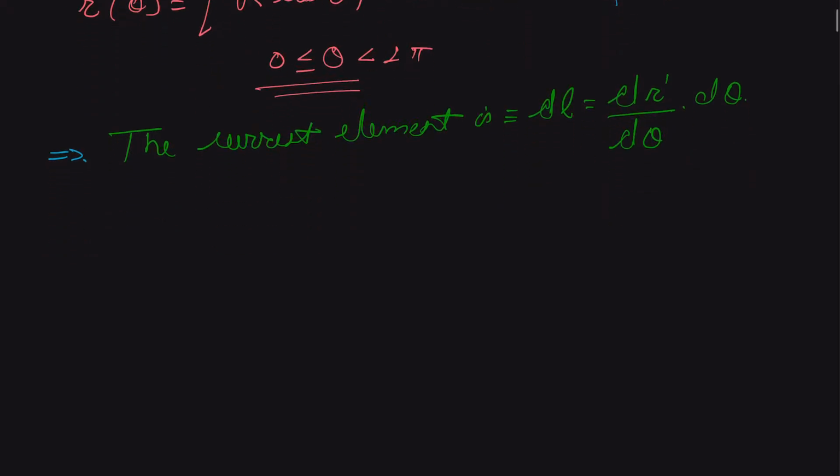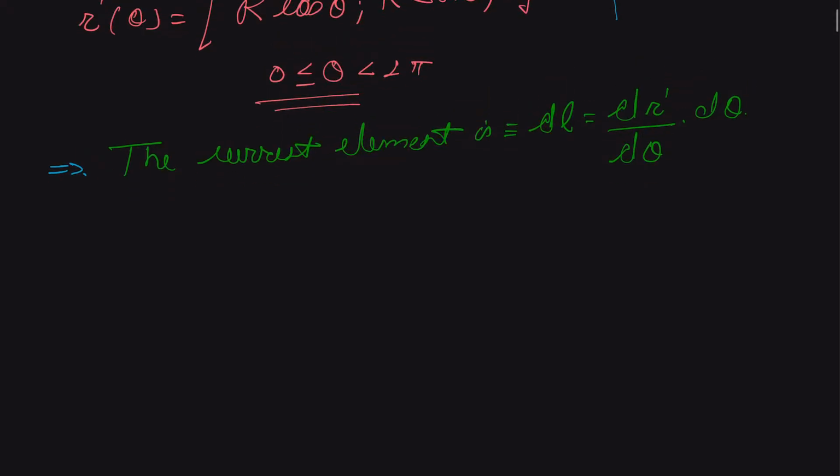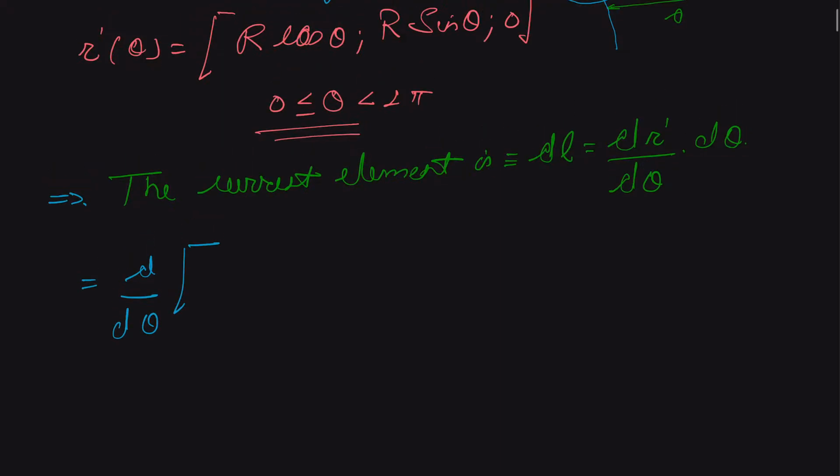So let us substitute the value of our r prime, and this can be written as d by d theta of (r cos theta, r sine theta, 0) times d theta.